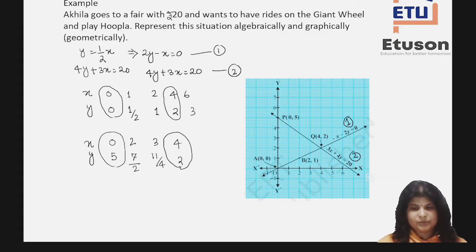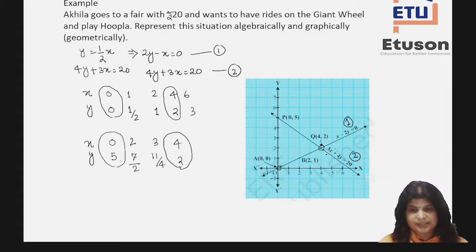Correct or not? This is what the equations look like. For the first one I have taken 0, 0 and 4, 2. This is the line, and for the second I have taken 0, 5 and 4, 2.